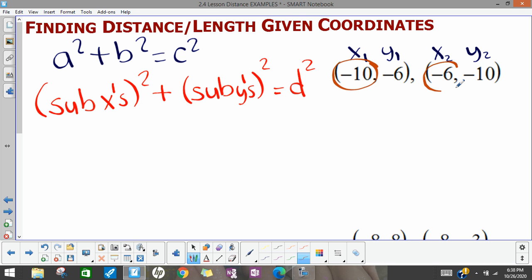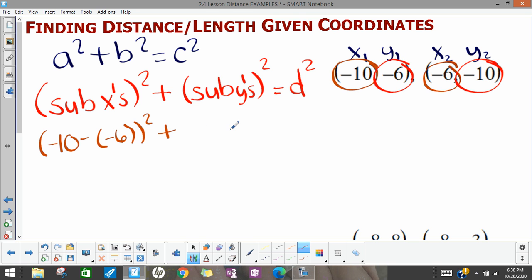My x's are -10 and -6, so I do -10 minus -6. My y's are -6 and -10, so I do -6 minus -10. -10 minus -6 is going to give me -4.